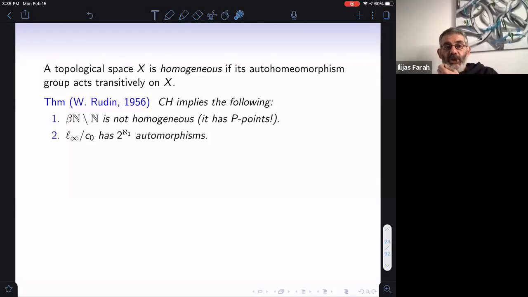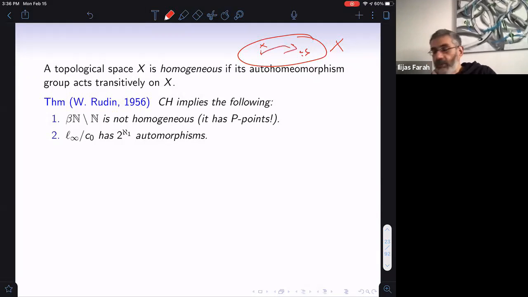It was about homogeneity of topological spaces. A topological space X is said to be homogeneous if its auto-homeomorphism group acts transitively on X. Namely, if you give me any two points x and y in X, there is an auto-homeomorphism which moves one to the other. And back then it wasn't obvious.